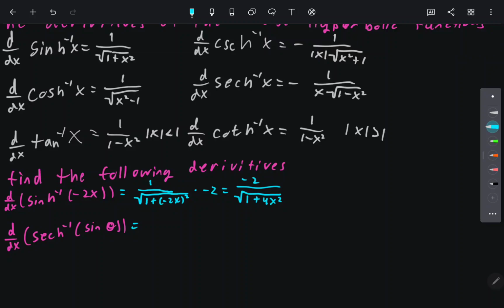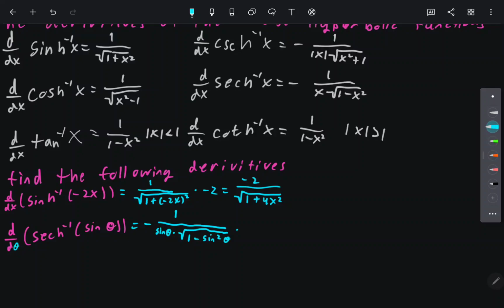In this case, it is going to be negative 1 over sine of theta times the square root of 1 minus sine squared of theta times the derivative, and I suppose it should be with respect to theta.